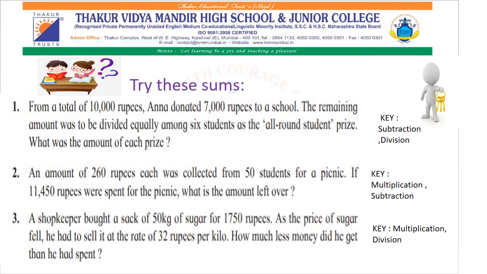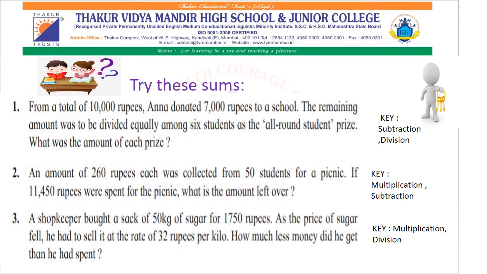If 11,450 rupees were spent for the picnic, what is the amount left over? So here the key says you have to do first multiplication and then subtraction. First you will multiply 260 into 50 to get the total amount collected, and then from that total amount you will subtract 11,450 rupees. You will get the leftover money, correct?